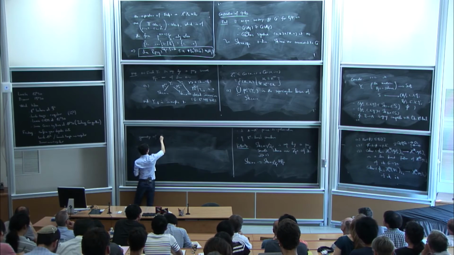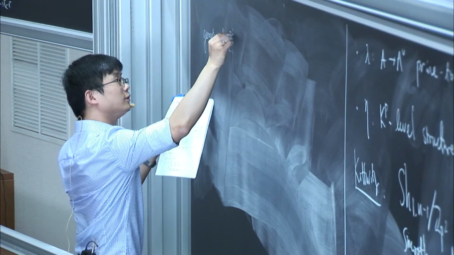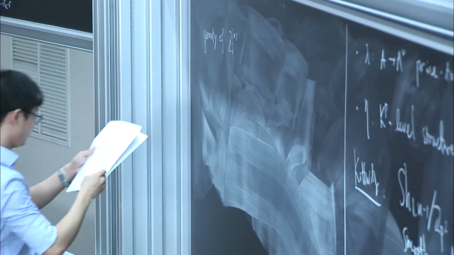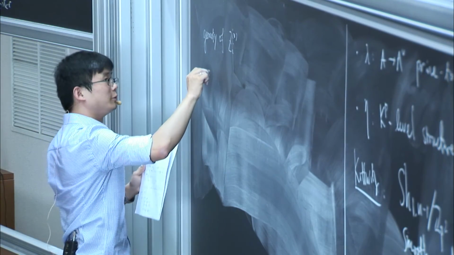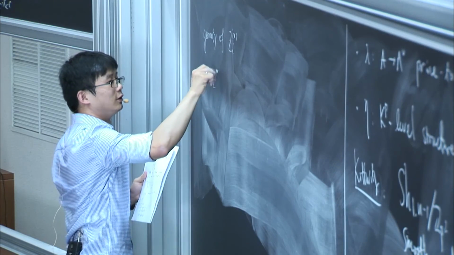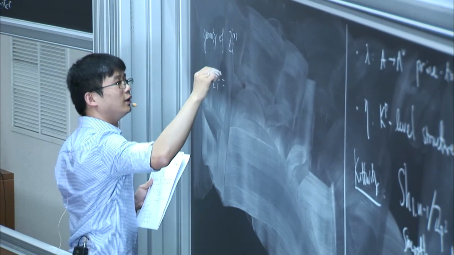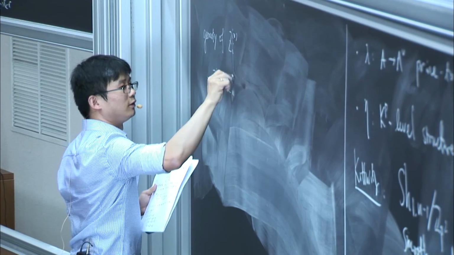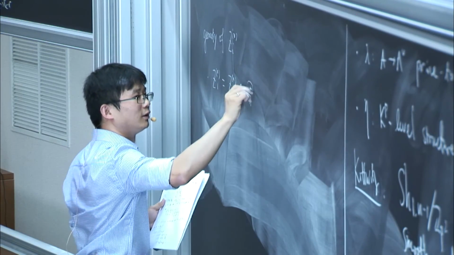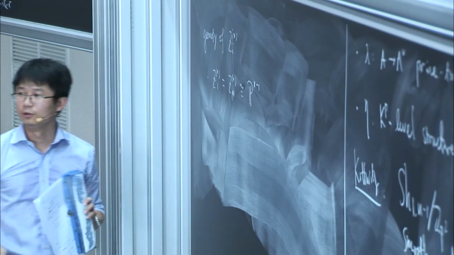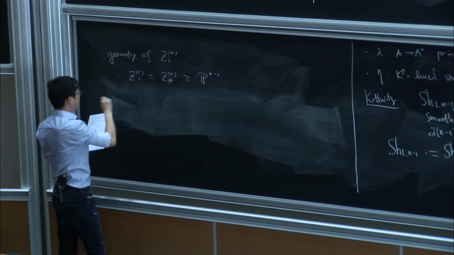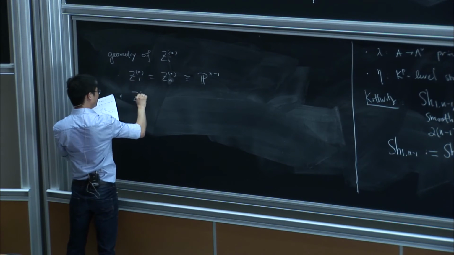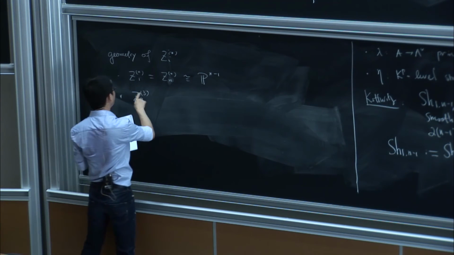So let me give you a few examples of these varieties. First of all, when i equals n or 1, those varieties are isomorphic to P^{n-1}. Another example is when n equals 3 and i equals 2.